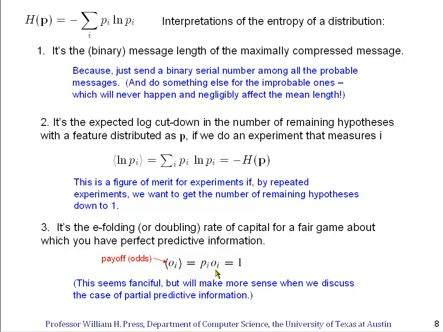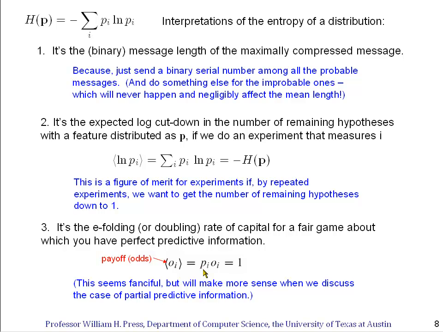And what would be a fair game? A fair game would be one in which if we bet $1, on the average we make $1. So the average of our payoffs should be the expectation value of oi, but we're betting just on outcome i, so basically our payoff is only that payoff with probability pi, and we want that to be 1. Okay, this is just a long way around of saying that in a fair game, your payoff should be the reciprocal of your probability of winning.